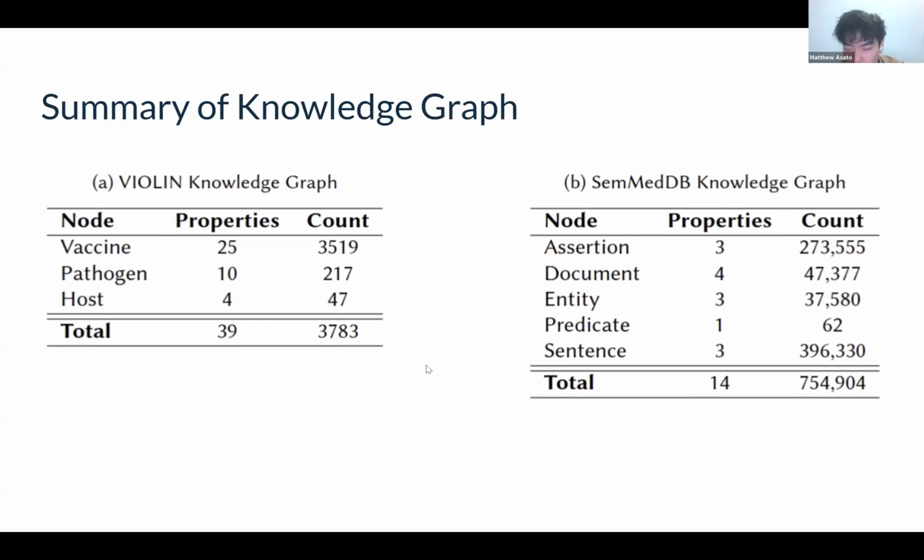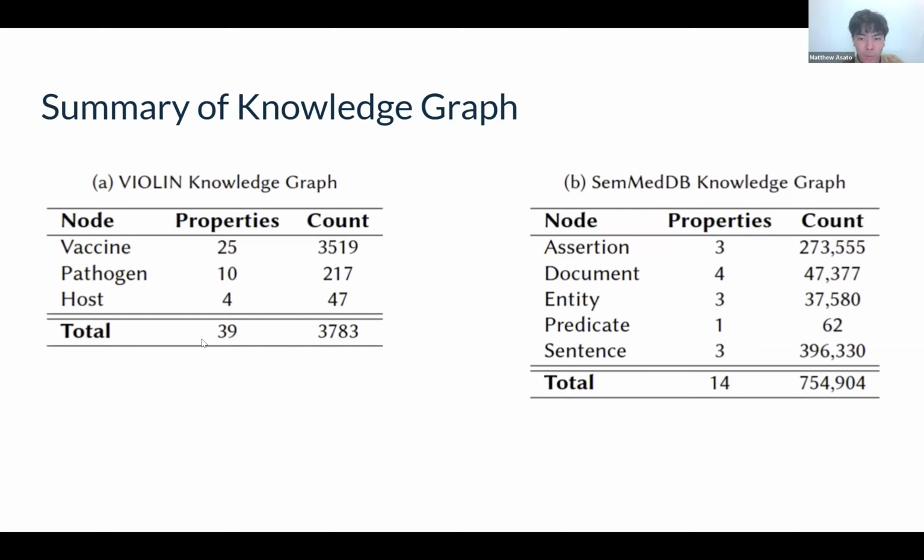So these are the two knowledge graphs that were used in this work. On the left, we have VIOLIN, and on the right, we have SemmedDB. One thing I wanted to point out here was VIOLIN has fewer nodes in volume, but each node contains more information.